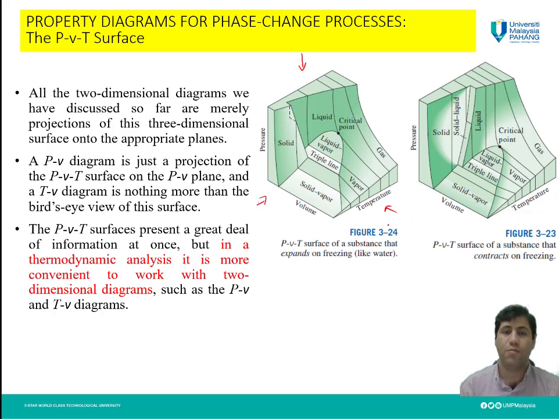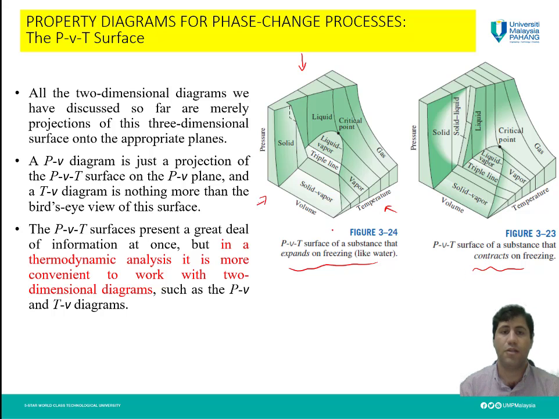You should just be familiar with the structure of the diagram, and you should know that we can also show this PVT diagram like what you can see here, and also we can understand the phase of the material according to this PVT diagram. And you can see here we have two PVT diagrams. The left one is for substances which expand on freezing like water, and the right one is for substances that contract on freezing.